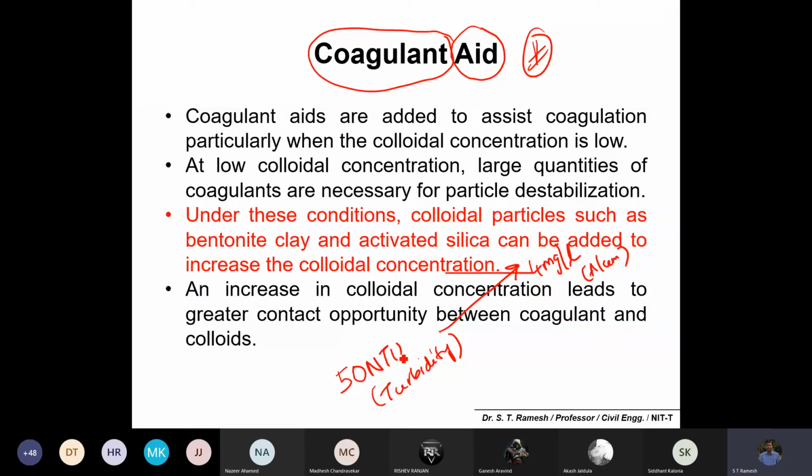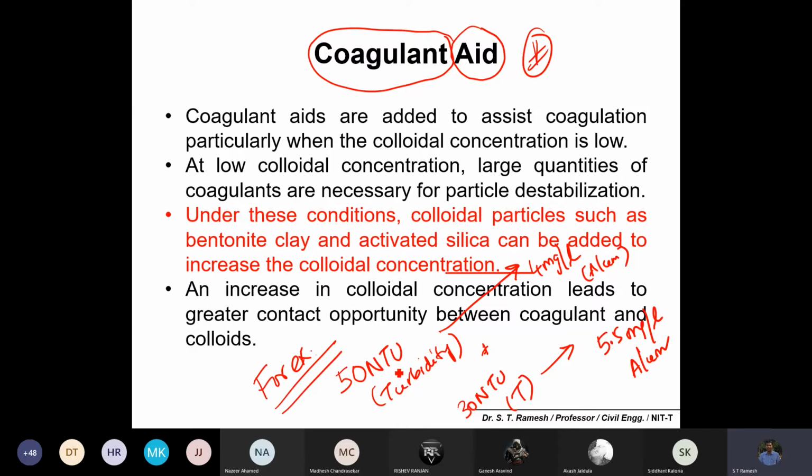For example, for the 50 NTU of turbidity or colloids removal, you may require 4 milligram per liter of alum. And for another one, for 30 NTU of turbidity removal, you may require, for example, 5.5 milligram per liter of alum. Is it fine? Is it okay?